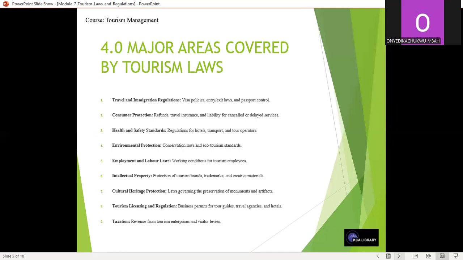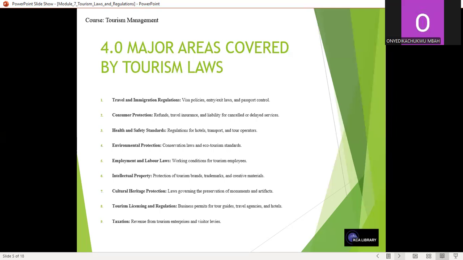So next slide here, we have major areas covered by the tourism law. So what are those major areas that the tourism law covers? Number one here, we have the travel and immigration regulation, that is the visa policy, entry and exit law, passport control. Those are the travel and immigration regulation.